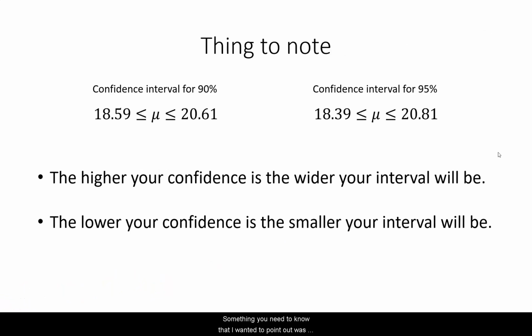Something I wanted to point out is that our confidence interval for 90% confidence was 18.59, which is less than or equal to mu, which is less than or equal to 20.61, while our confidence interval for 95% is 18.39, which is less than or equal to mu, which is less than or equal to 20.81. The higher your confidence is, the wider your interval is going to be, as we can see here, and vice versa.